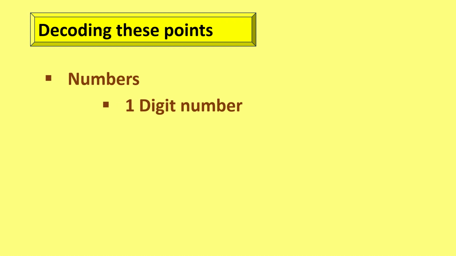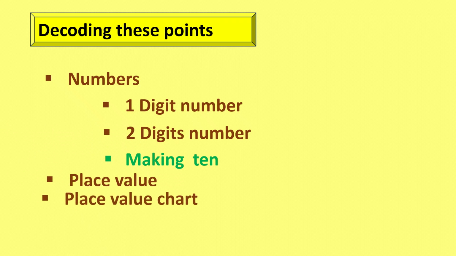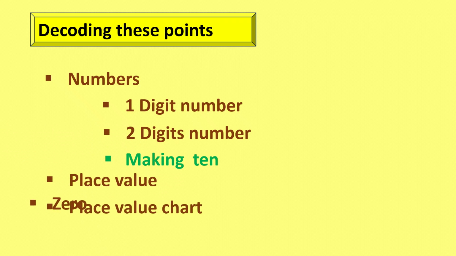So I'm going to decode these points: numbers, one digit number, two digit number, making a 10, then the place value chart, and the last one is the zero concept. Here I've done the one digit number and the two digit number.